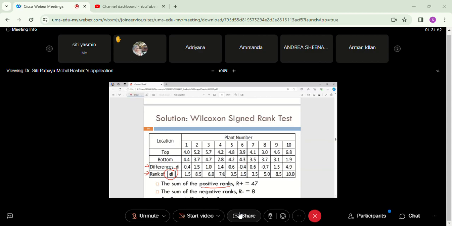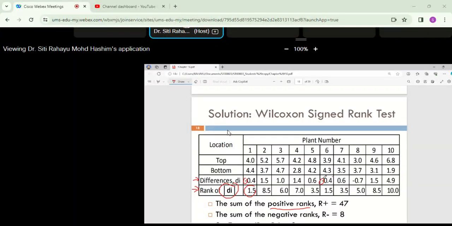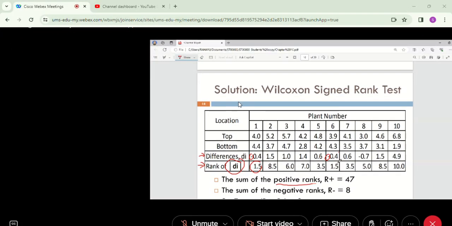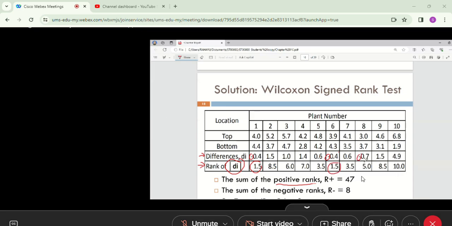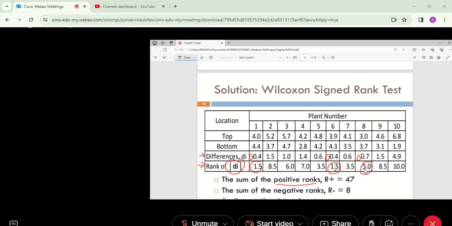Okay, so now kita ambil yang mudah lah. Yang negatif adalah yang ini. Saya tengok yang sini lagi yang negatif adalah ini. So the sum of ranks bagi negative ranks adalah ini. Ini pun negatif. So 5 plus 1.5, 6.5 plus 1.5, we got 8. And the rest, when we sum them up, we will get 47.